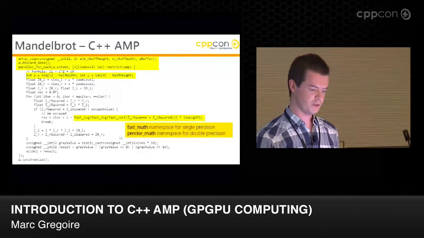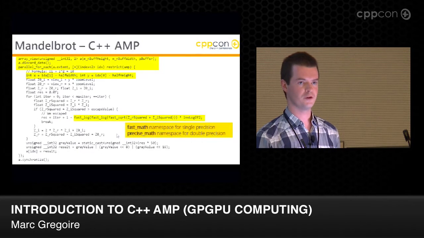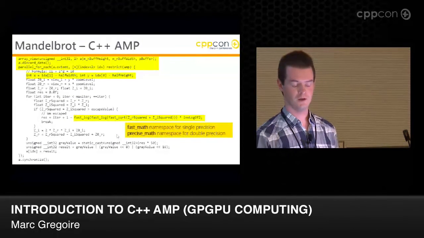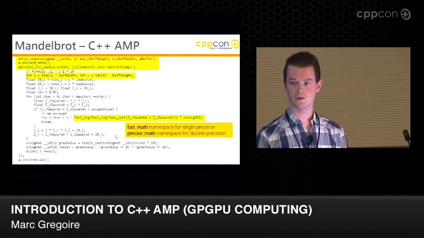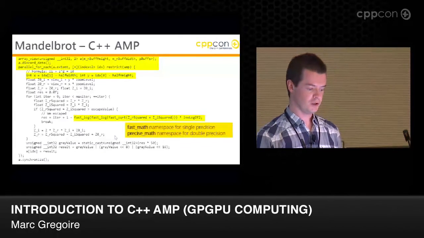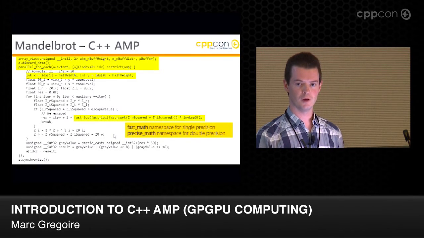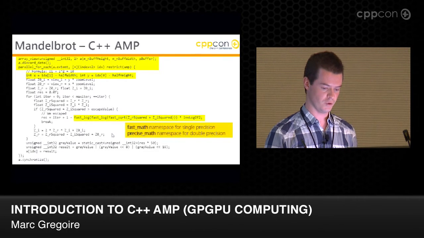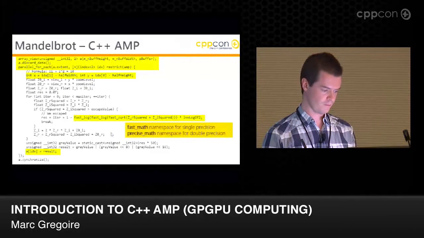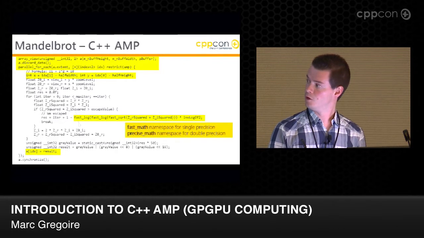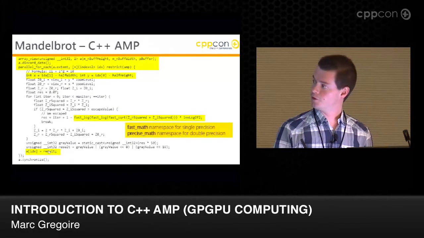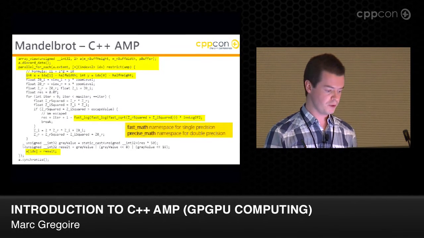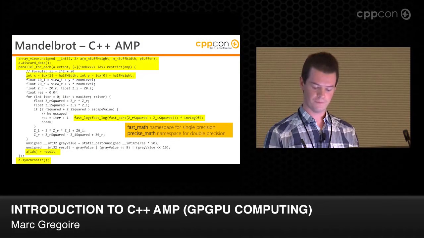But not all GPUs support double precision, so you will have to check using the accelerator and accelerator view classes. You have to check if your accelerator is supporting double precision or not, and provide for a fallback if you want. So then we calculate our value for a certain pixel, and we store it in our array view.